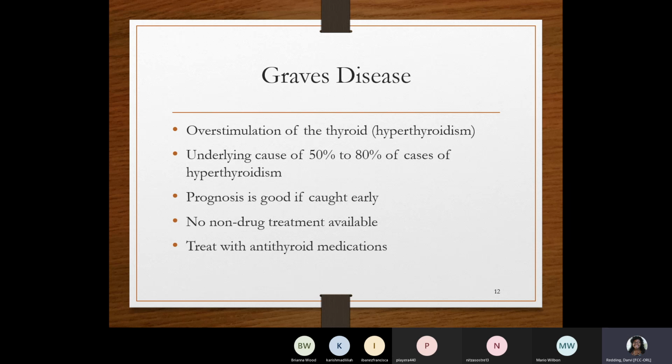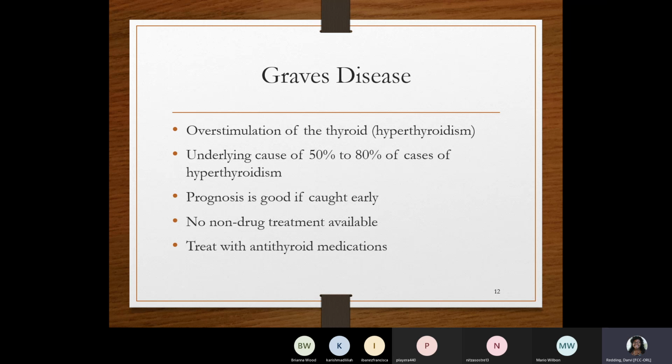So Graves' disease has an underlying cause of 50 to 80% of cases of hyperthyroidism. Now the prognosis is good if it's caught early. At this time, there is no non-drug treatment available, so the condition will be treated with anti-thyroid medications.